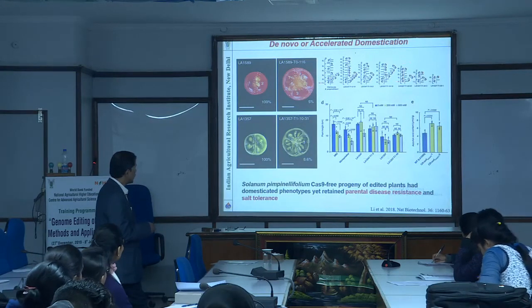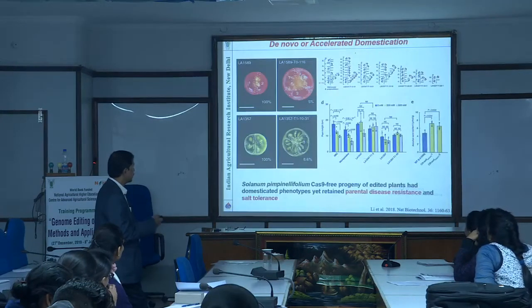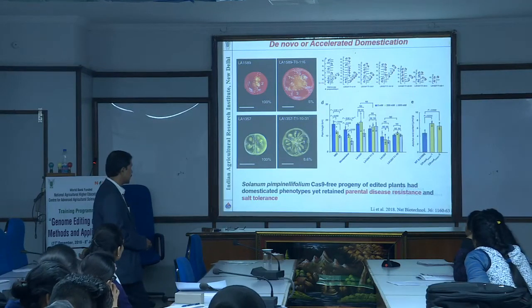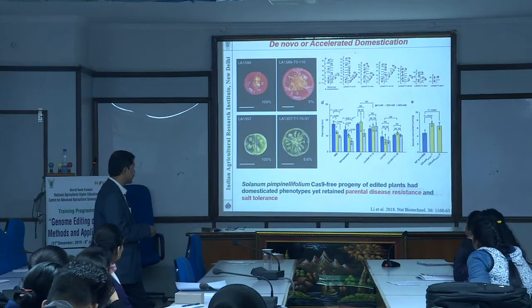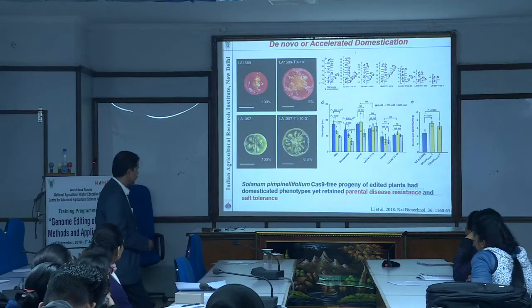By editing these different genes, they produced a phenotype somewhat near to the domesticated plant phenotype, but when they analyzed the stress tolerance, they maintained the level of disease resistance which Solanum pimpinellifolium had, and also the salt tolerance which the plant had.